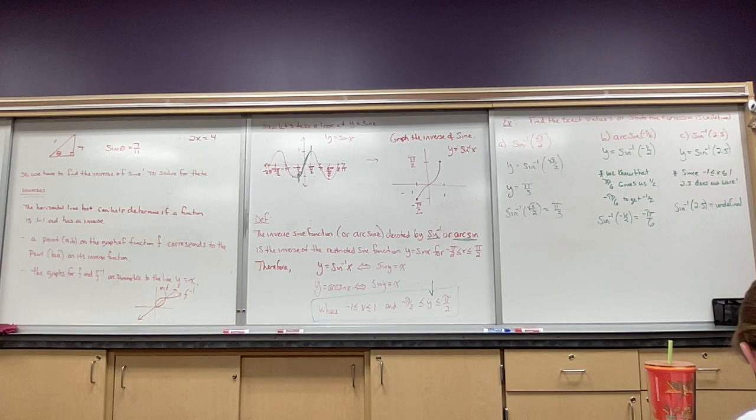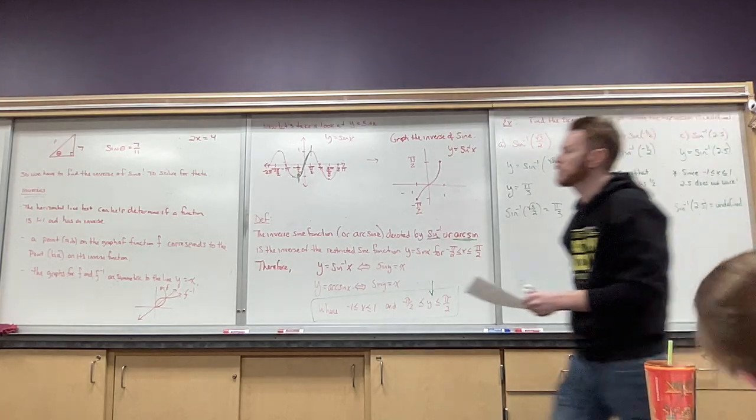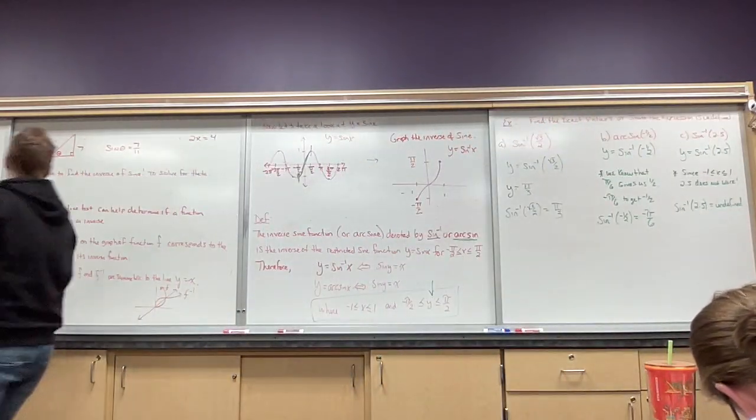Okay, so let's do the same thing for cosine and tangent. We're going to restrict them just like this. Then we'll list them in a table, all their characteristics, and then we'll try some examples out with them. So I'm going to go ahead and put her on this board right here.